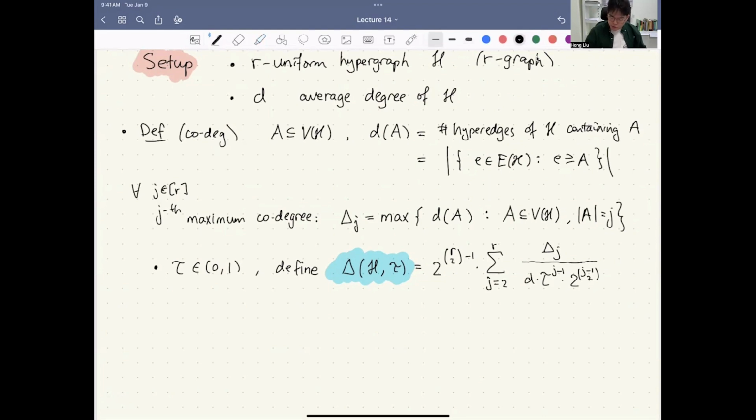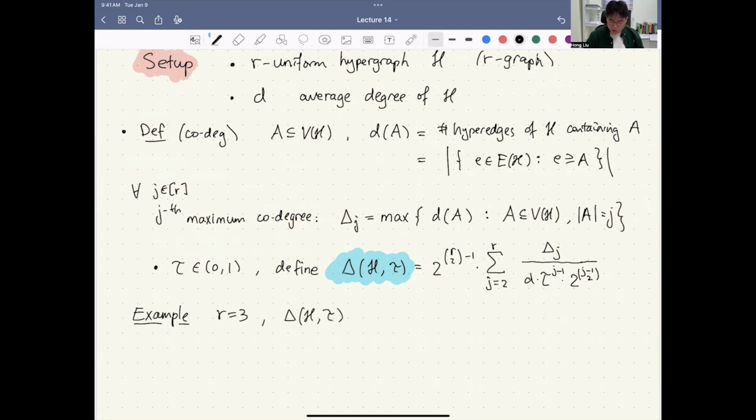Let me give you some example. Let's consider only 3-uniform hypergraphs, which is what we will use today. So r is 3. What is this function?